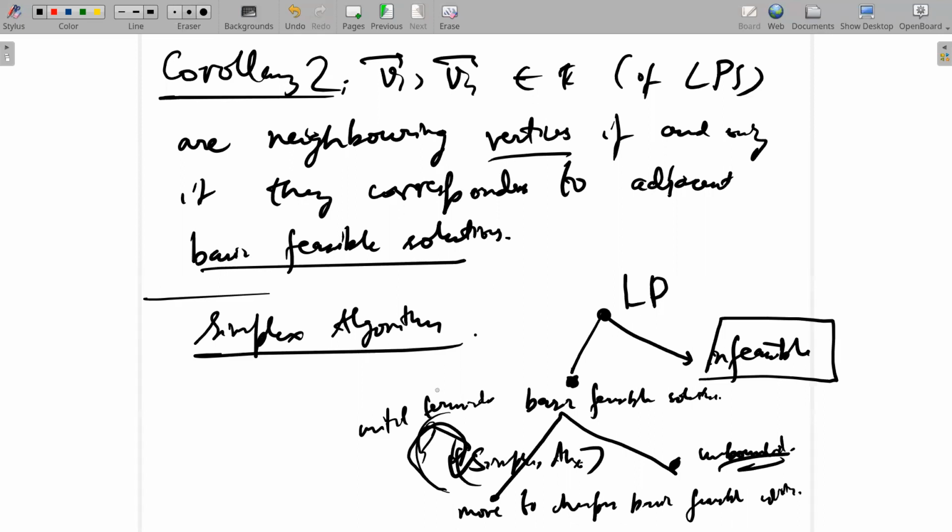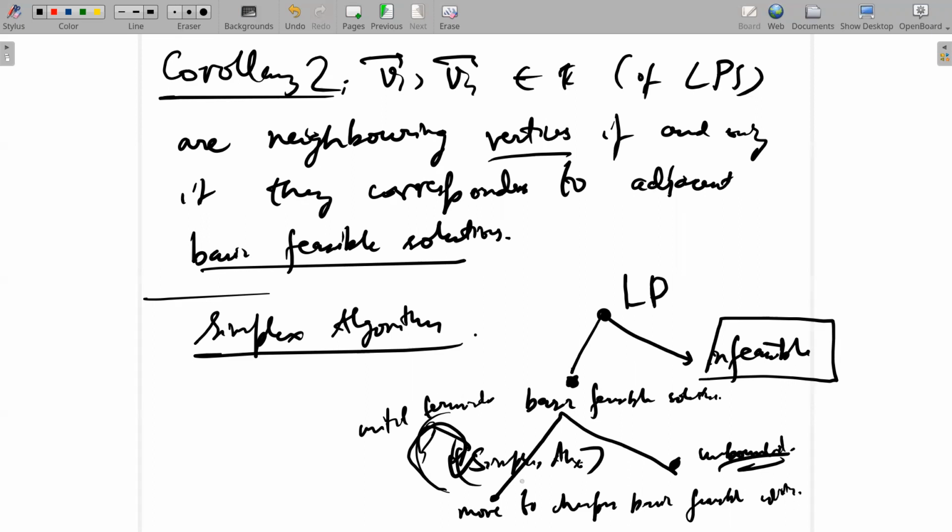What you do is change your basis by pivoting, which is the computational method for navigating from one vertex to its adjacent or neighboring vertex. But what might happen is that the algorithm may stay put in the same vertex. That might cause some problem, like the algorithm might not halt or terminate. So those are the things we have to take care of.